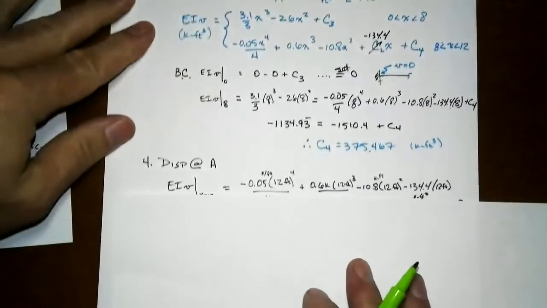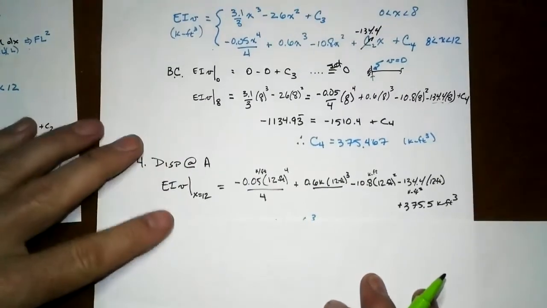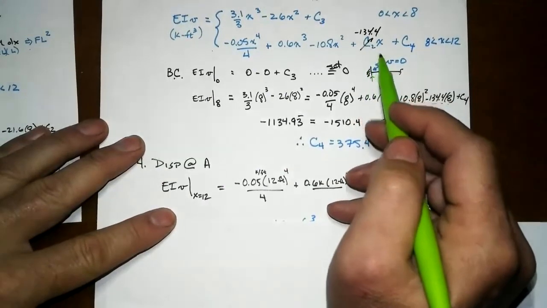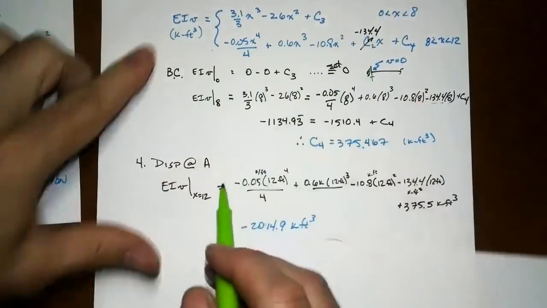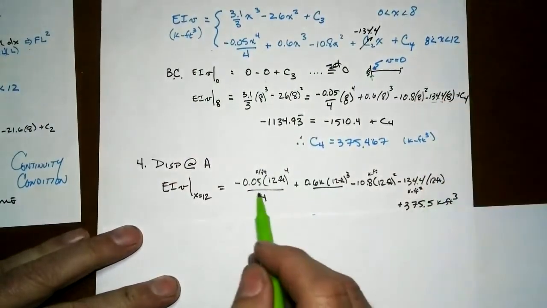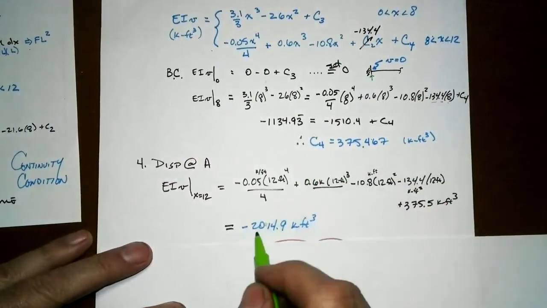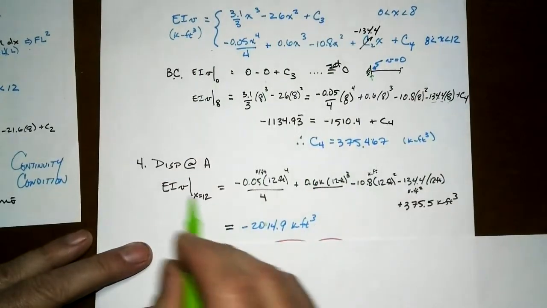Okay? All right, so now we finally calculate our displacement at A. We found what C4 is, we had previously found what the C2 value was, and we just evaluate that expression at the end, which is at x equal to 12, plug all that in there, and we end up with a value of minus 2014.9 and some change kip feet cubed.